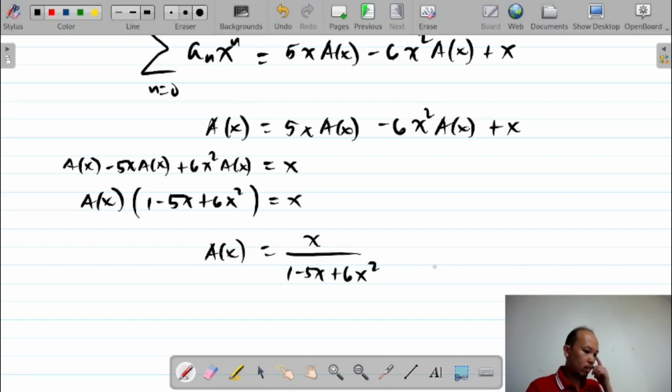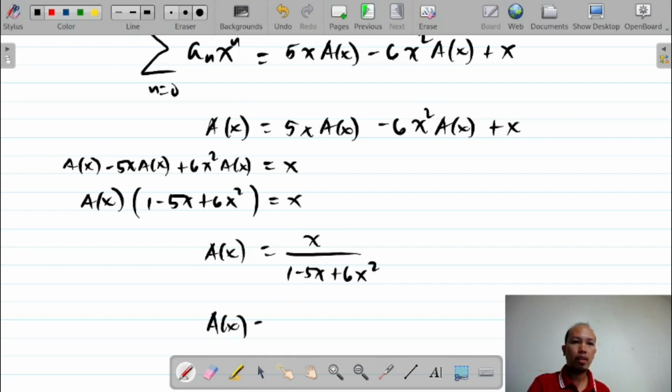If you want to factor out the denominator, you can write it in this form.